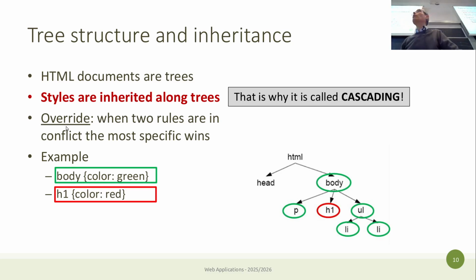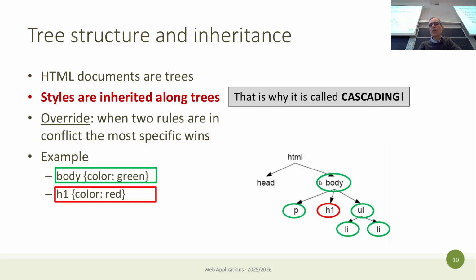Making them inherited along the tree leads us to a question. What happens if two rules are in conflict? The general rule in CSS is that the innermost rule is the one that wins. So like here, when two rules are in conflict, the most specific wins.